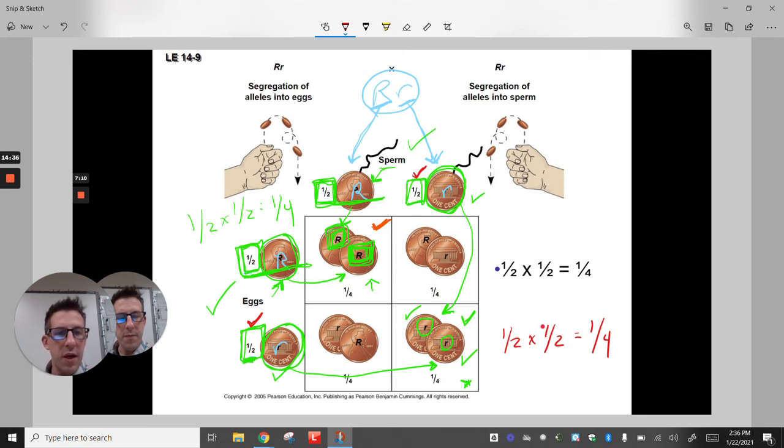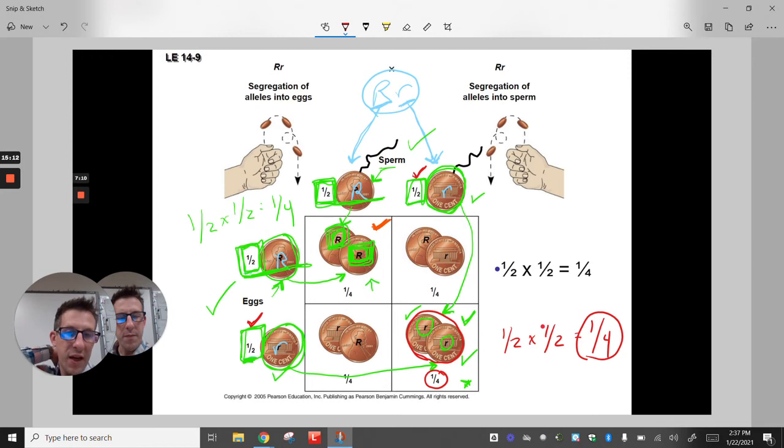You know that if I'm looking to figure out, okay, I've got heterozygous parents, big R, little r, that if I were to just run a normal Punnett square and I wanted to figure out what's the possibility that I get a homozygous recessive baby, you could look at that Punnett square and say one of these 4 boxes, this one here, has the little r, right? And that would make sense to you. But I also want you to verify that it's the same as what we just calculated right here, okay?